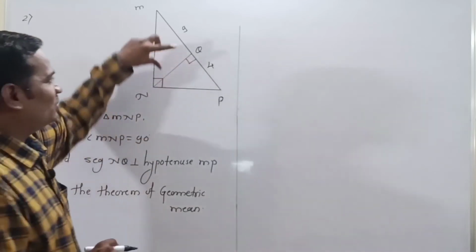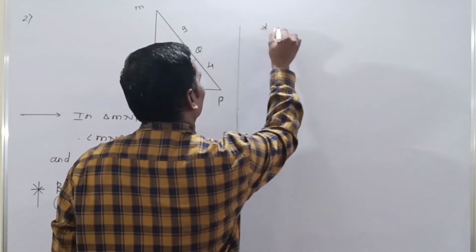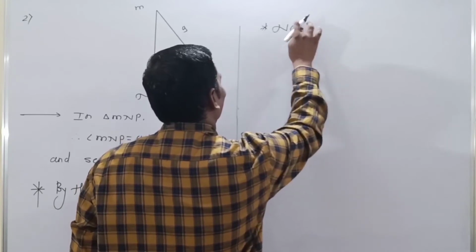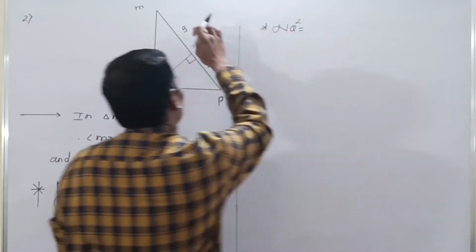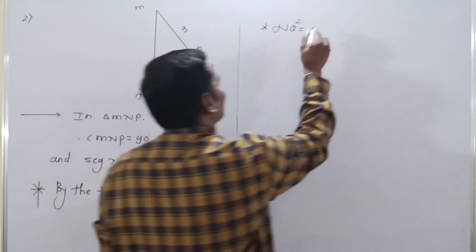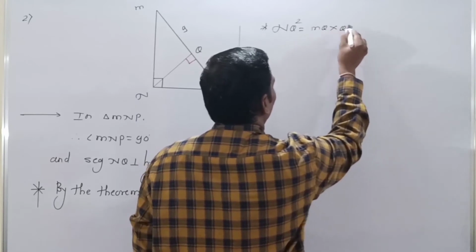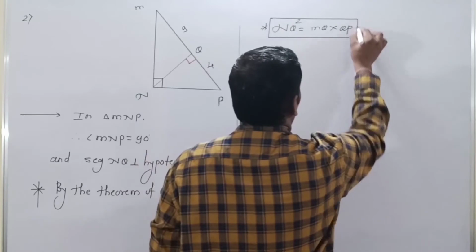What is that? So NQ square, we can write here NQ square, if you can remember, square of this perpendicular is equal to the product of these two segments, that means MQ into QP, like that. Now this is the geometric mean.